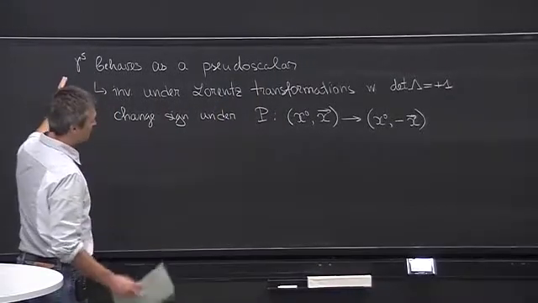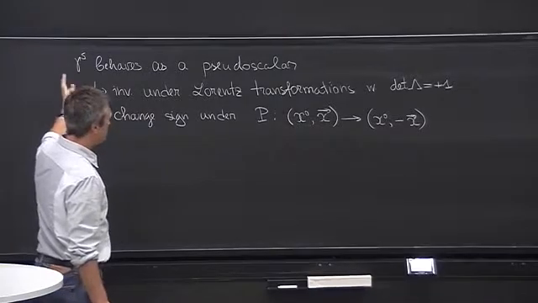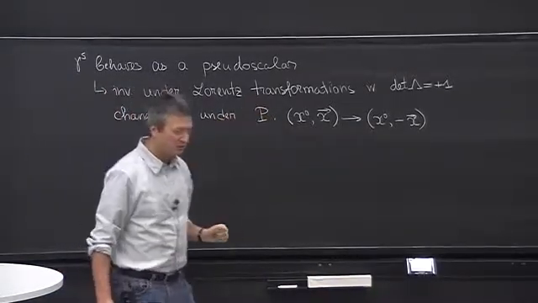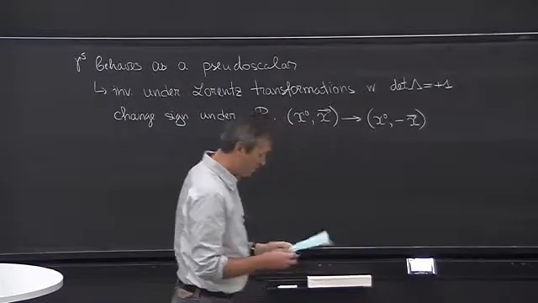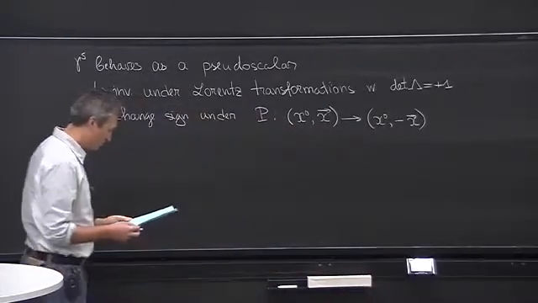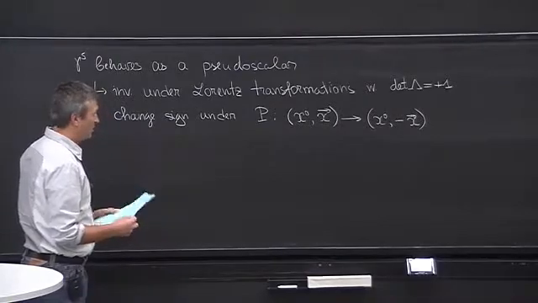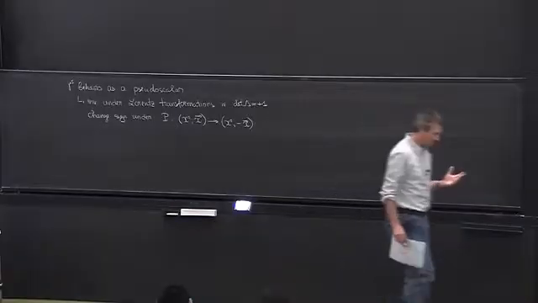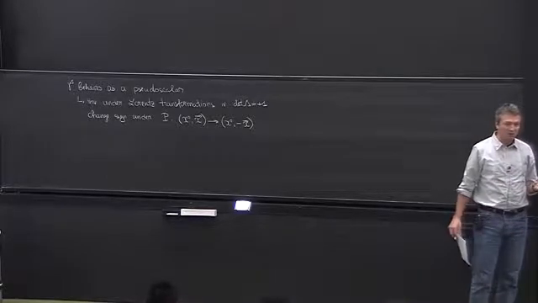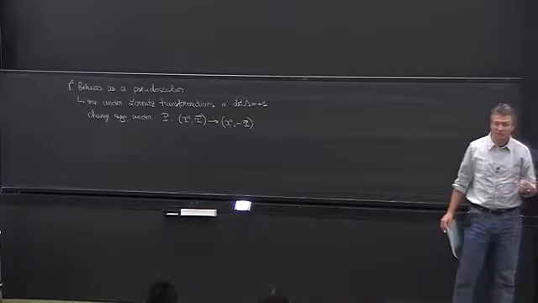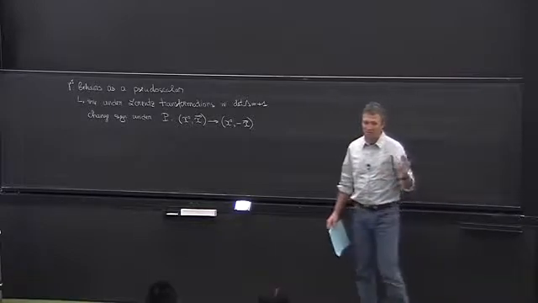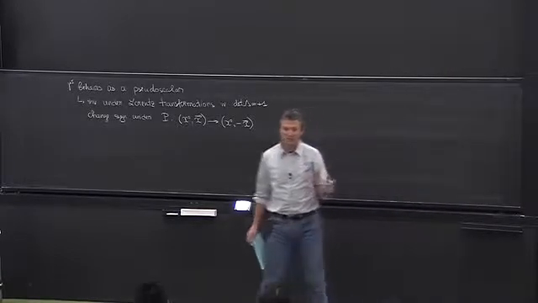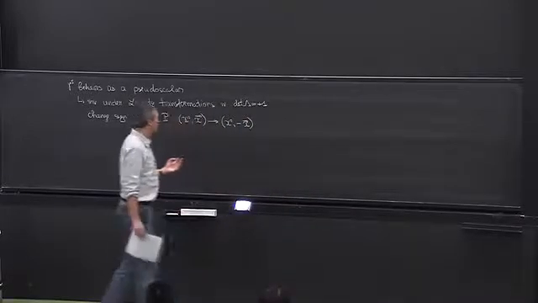Quantities that change sign under this type of transformation are called pseudoscalars. Gamma 5 is one example. Another example that you may be familiar with is the scalar product of electric and magnetic fields. The magnetic field is a pseudovector, and the electric field is a vector, so if you take a scalar product, you get a pseudoscalar.